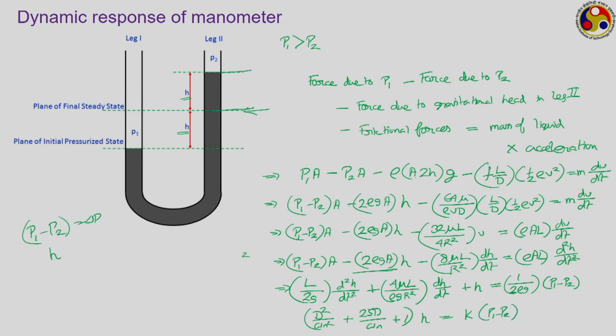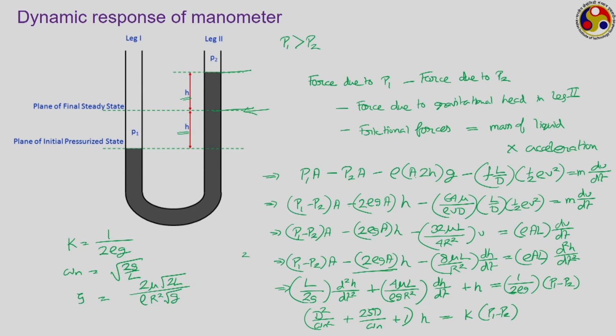So, if we compare here, k is most straightforward: k will be equal to 1 by 2 rho g. Omega n, by visual observation, becomes root over 2g upon L. And zeta, how much will be the zeta then? We have 2 mu root 2 L by rho r square into root over g.